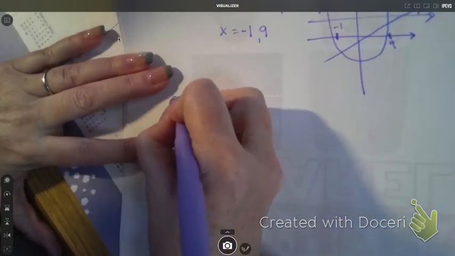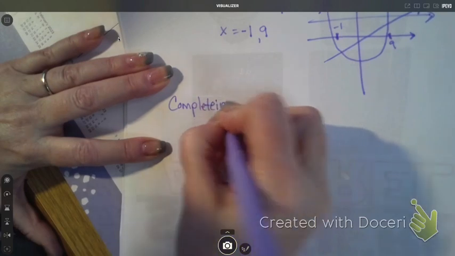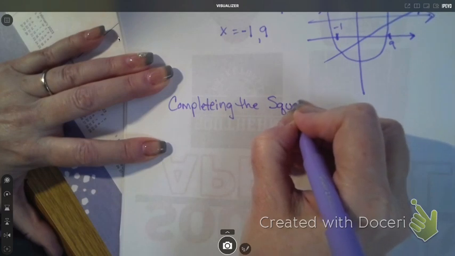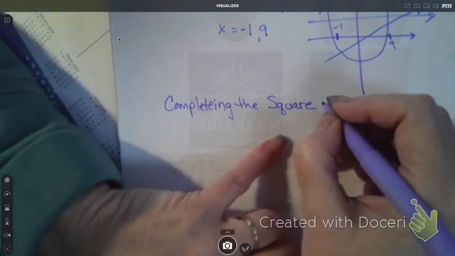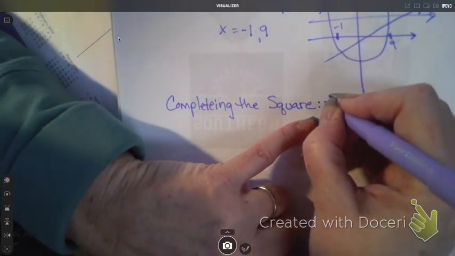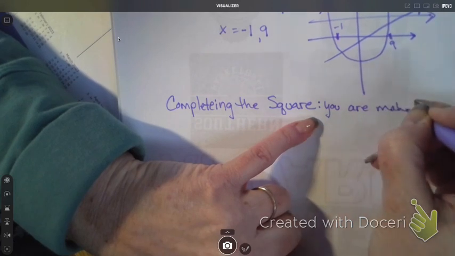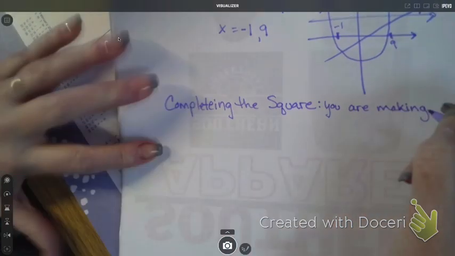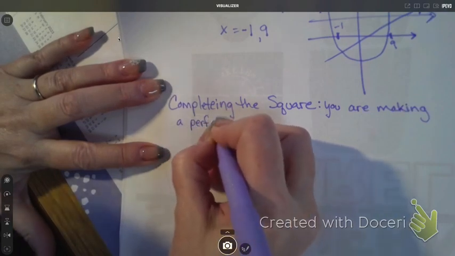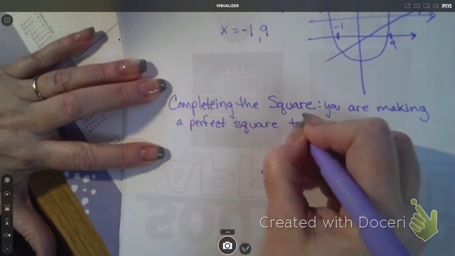So completing the square. So we have to put that in a square then? No. Oh. Okay. When you are completing a square, you are making a perfect square trinomial.